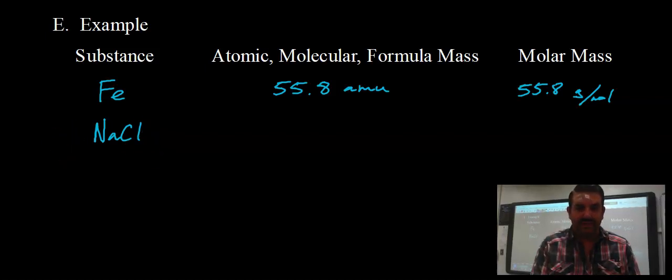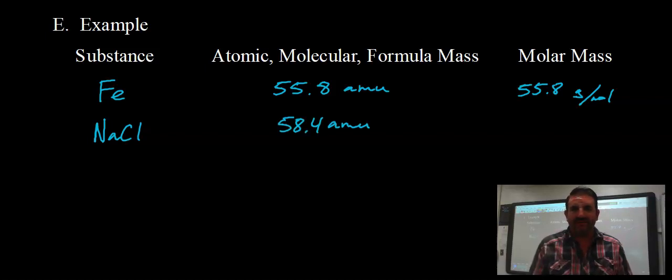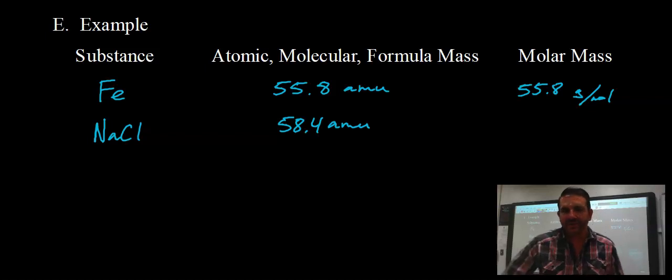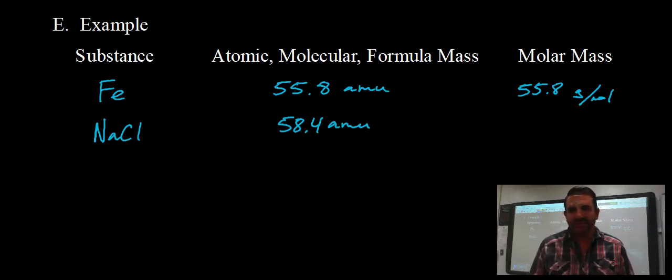Go ahead and pause the video. Formula mass of sodium chloride, 58.4 AMU. Next up, go ahead and calculate or determine the molar mass of sodium chloride, the mass in grams of 1 mole of NaCl formula units. Pause the video. Maybe you're seeing a trend already. All right, let's keep going.